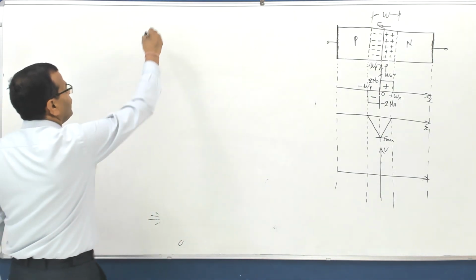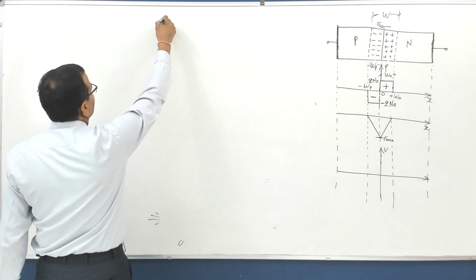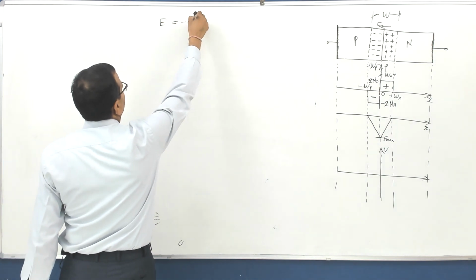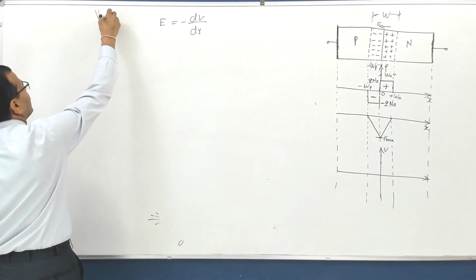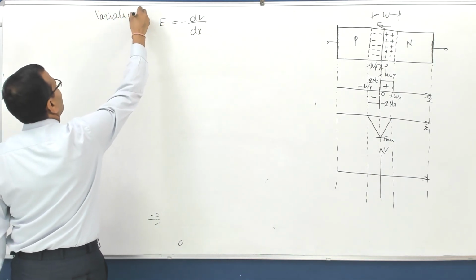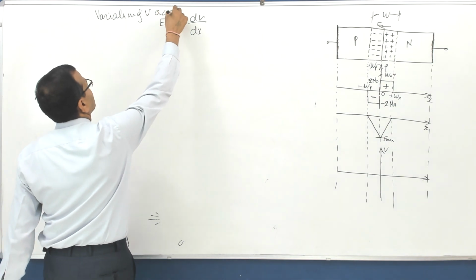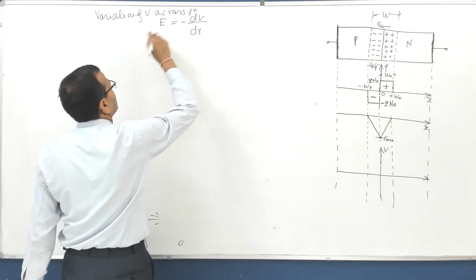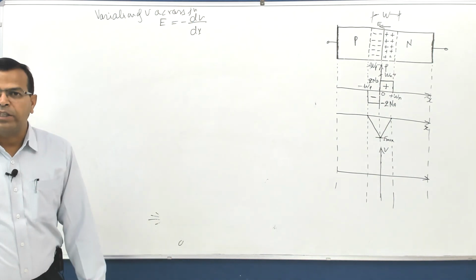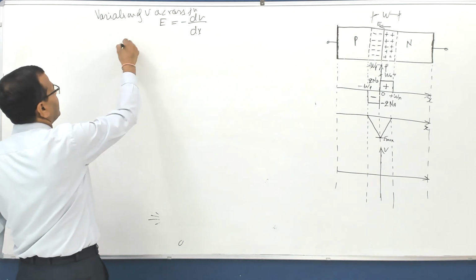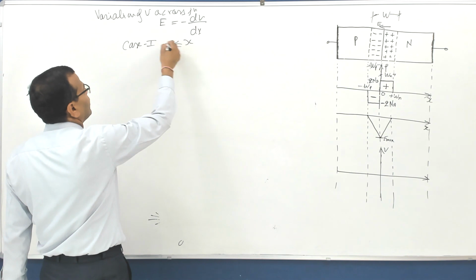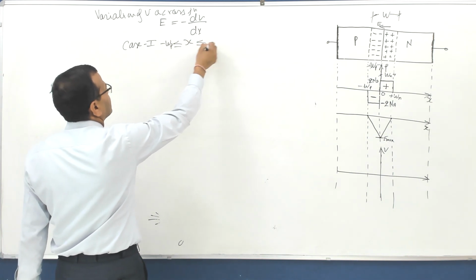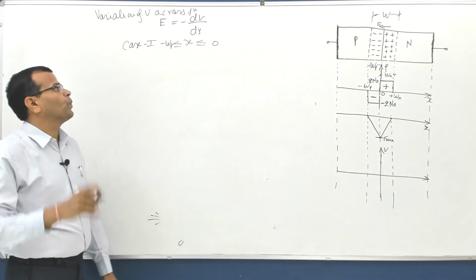We know what E is equal to: minus dV by dx. I repeat, we are doing what? Variation of V across junction. So this is E is equal to minus dV by dx. I'll take previous case, x greater than or equal to minus Wp and less than or equal to 0.